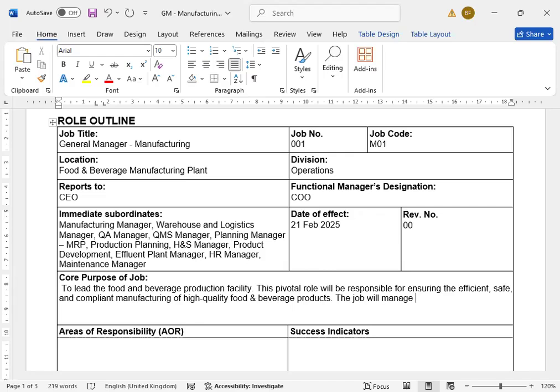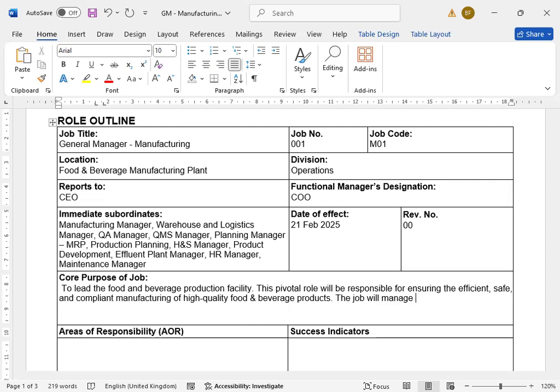So the recruitment or the HR will make sure that whoever the candidate is will be qualified enough to fill the position.